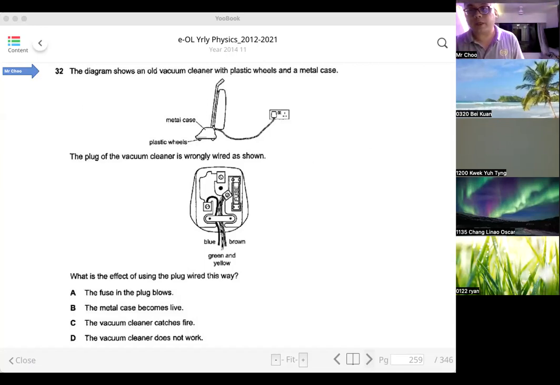Okay, let me look at the answers given by your classmates. Hao Rui correct, Bei Kuan correct, Yu Ting try again, Oscar try again, Ryan well done. Oscar try again.